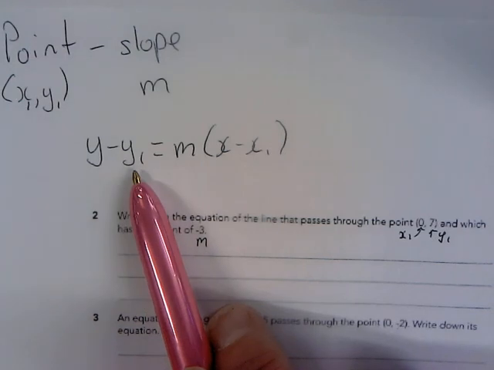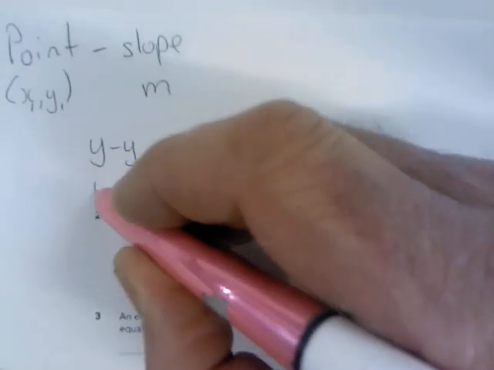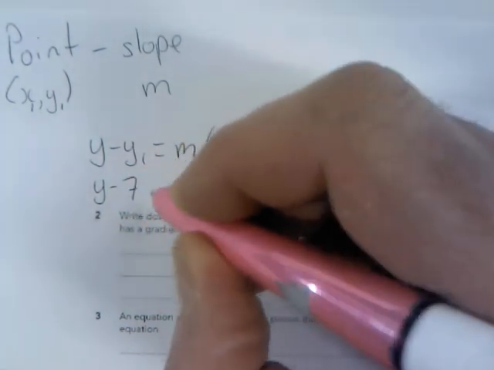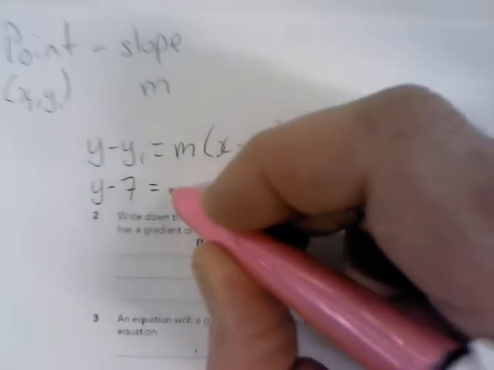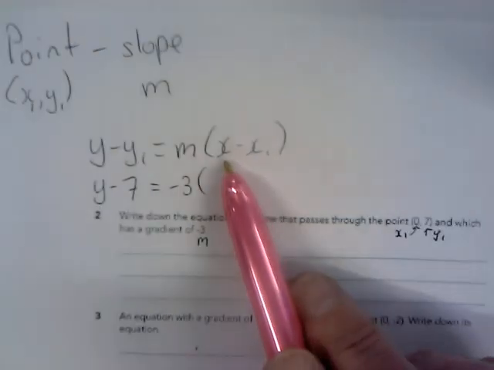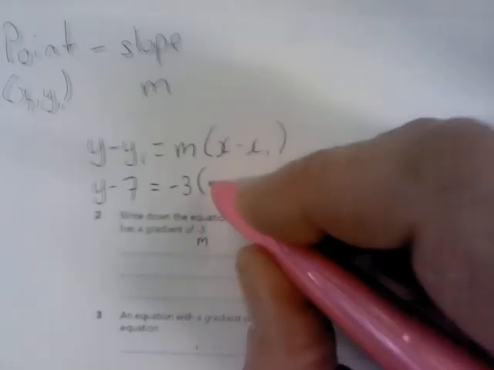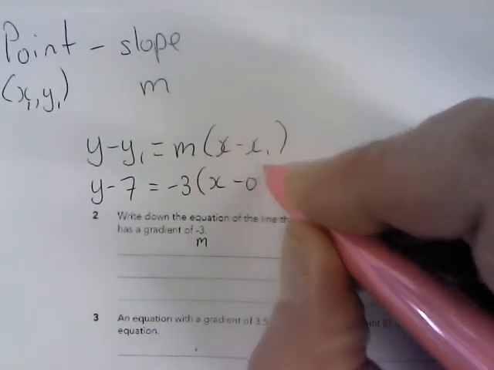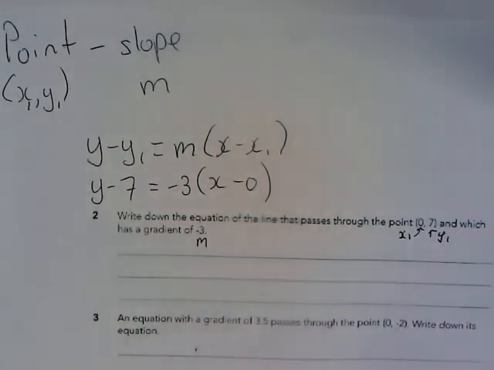Y minus y sub 1. Well, we know the 7 is the y sub 1. So we have y minus 7 equals m, the gradient is -3, times x minus x sub 1. X sub 1 is 0. We just substitute those three values of y sub 1, m, and x sub 1 into the equation.